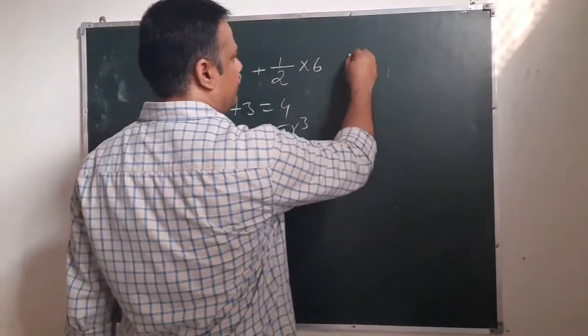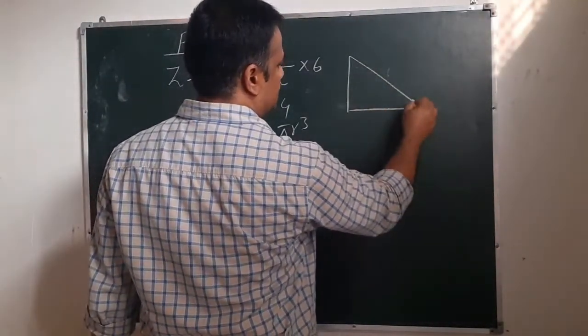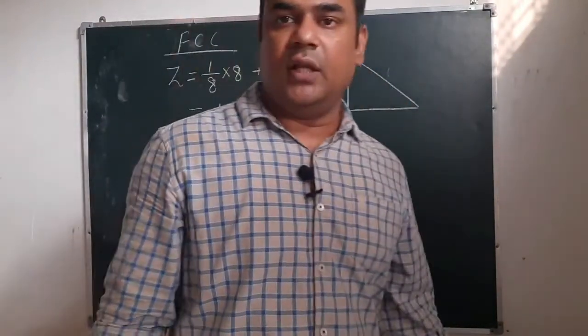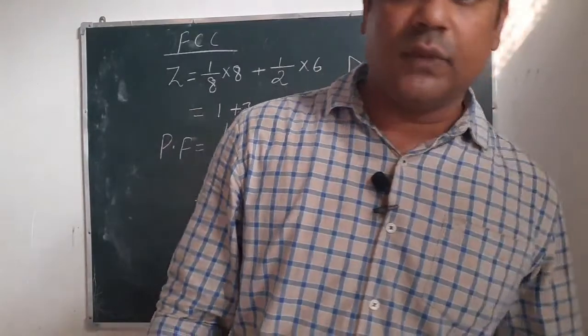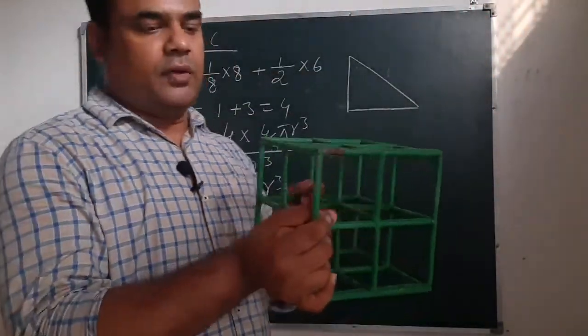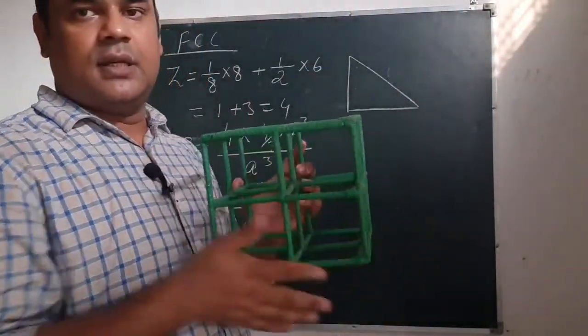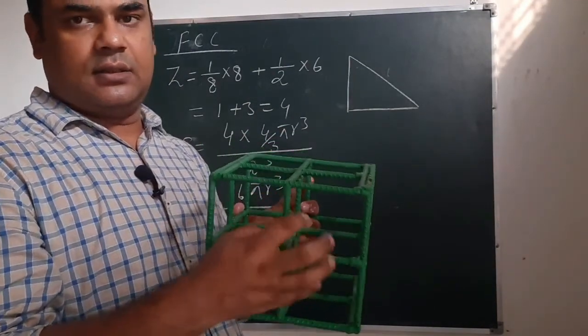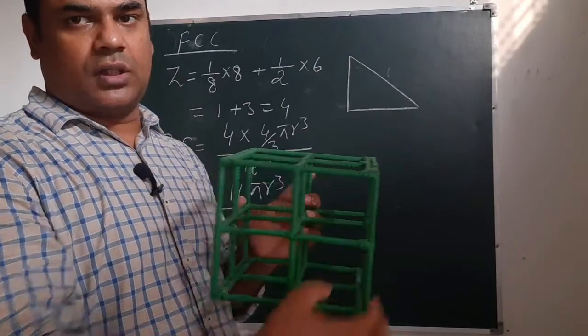So if we see one face in case of FCC, we'll understand with the help of the model. If you see this model, this is one face, and on this face a constituent particle is present at the center and at each corner.